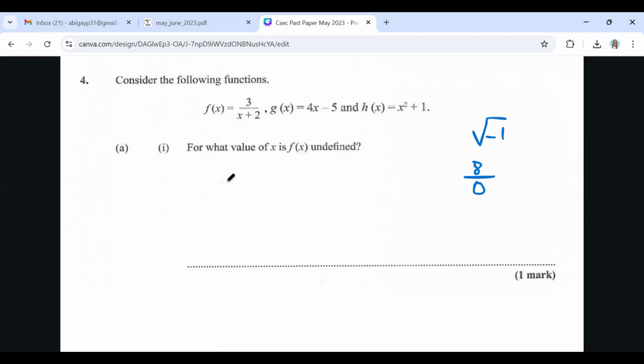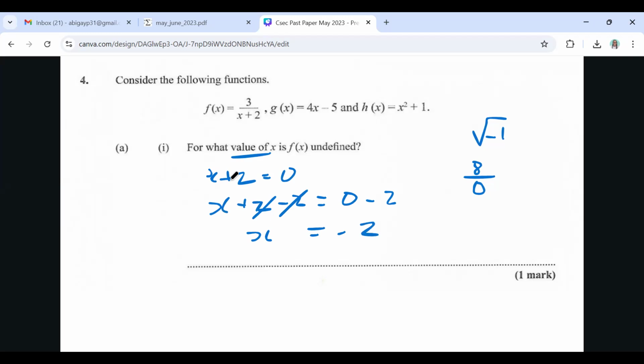So that means, in f of x, x plus 2 should equal 0. That makes it undefined. So let's find the value of x. x plus 2, subtract 2 equals 0, subtract 2. Then we cancel those, leaving x equal -2. So x equals -2.